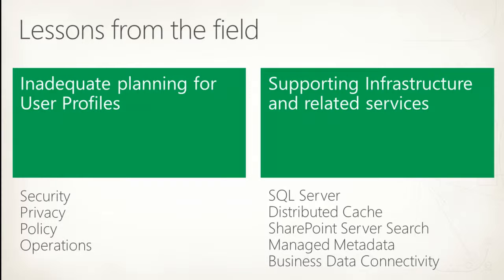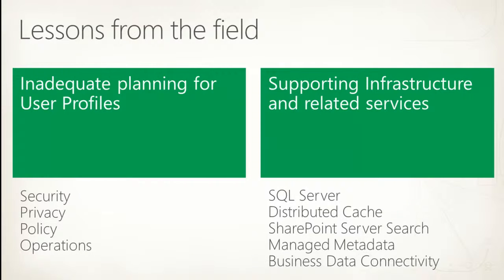SharePoint Server 2013 introduces even more things to think about here around distributed cache, which is our implementation of Velocity, that allows us to improve the amount of profile data we can cache close to the web applications. And then obviously the related service applications: SharePoint Server Search for our people search, managed metadata for taxonomic properties, and BDC if we want to speak to a line of business system.